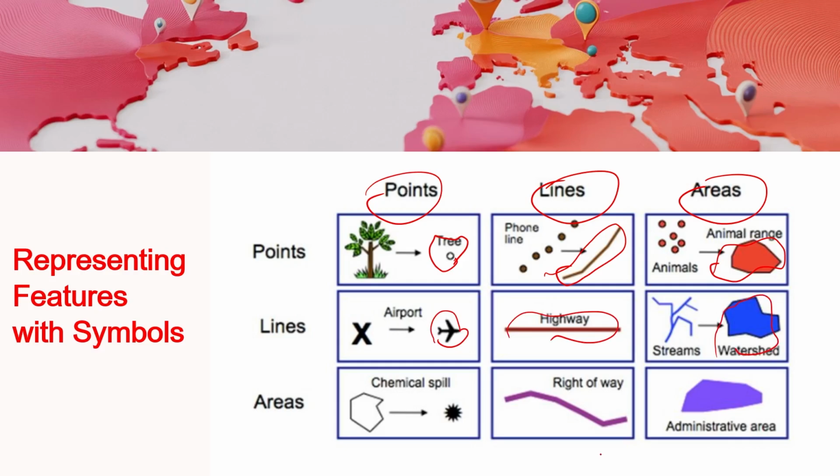Streams are line features, and if you see a chemical spill over a wide area, that is an area, but it depends on the scale of the map. If I am going to convert into a small scale map, an area will become a point feature. Then an administrative area is also a good example for an area feature.